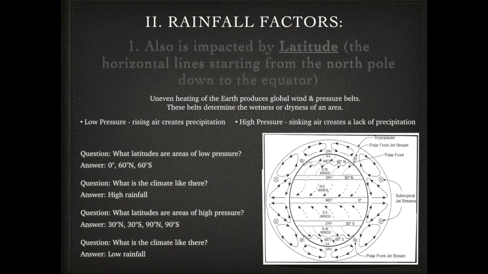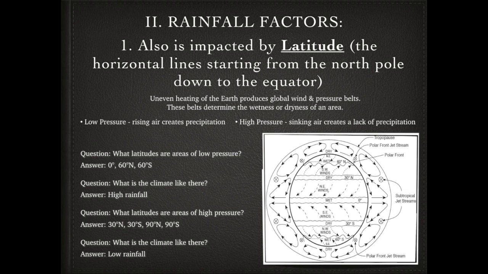Okay, the second focus is not just on temperature, but rainfall. Primarily, with those latitude lines, the closer you are to the equator, the more rainfall you're most likely going to have.